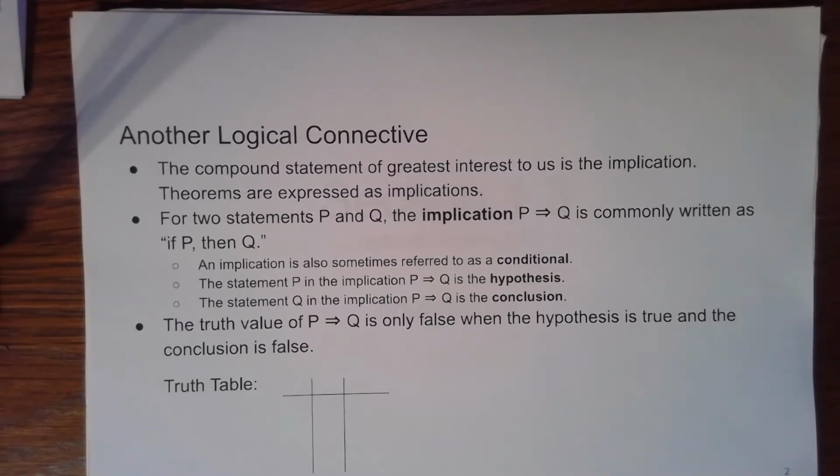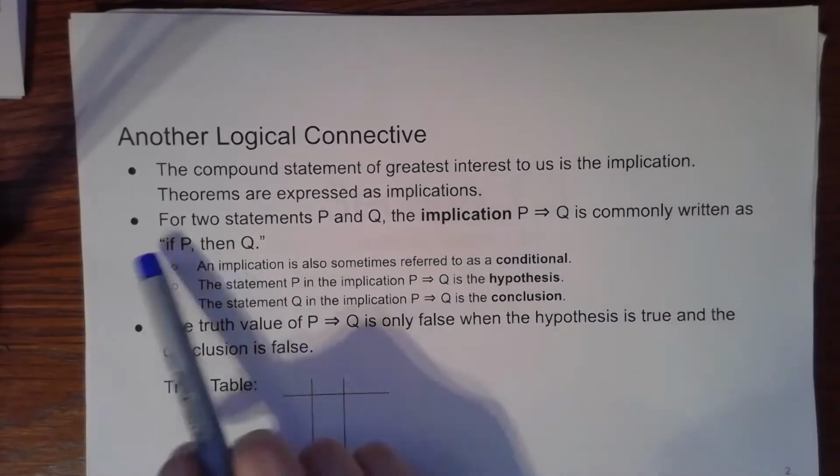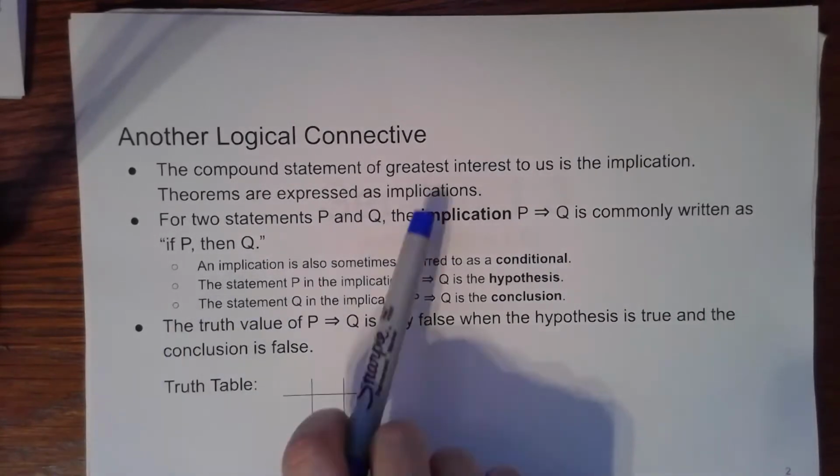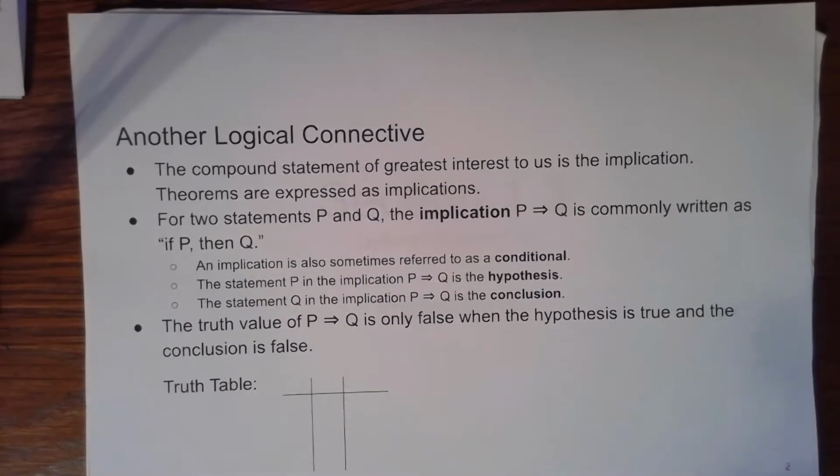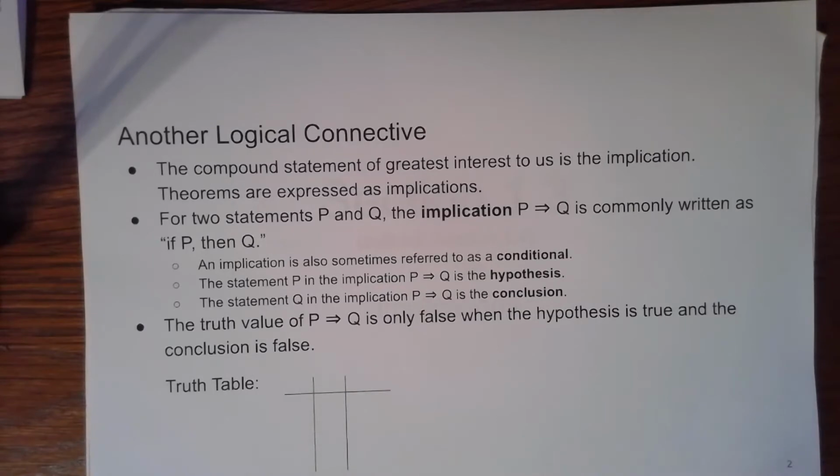Right? It's an if-then statement. If you just say a squared plus b squared equals c squared, it sounds like that's true for every single a, b, and c in the entire universe. It's not true. It's only under certain conditions, only if those happen to be the legs and hypotenuse of a right triangle. Okay, so because theorems are expressed as implications, we'll be particularly concerned with these implications in this course.